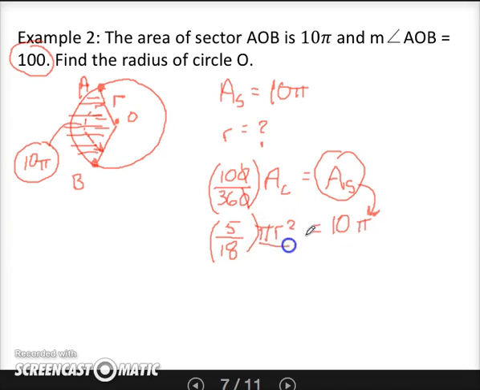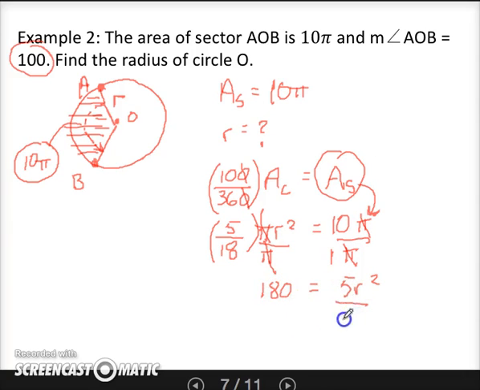I can divide both sides by pi. Okay, and then I have 5/18 times r squared equals 10, or 10 over 1, really. So cross multiplying this would give us 5r squared times 1 equals 10 times 18, which is 180.